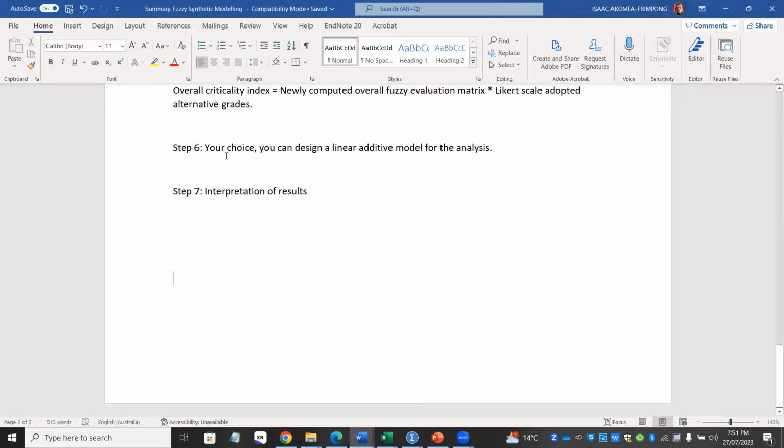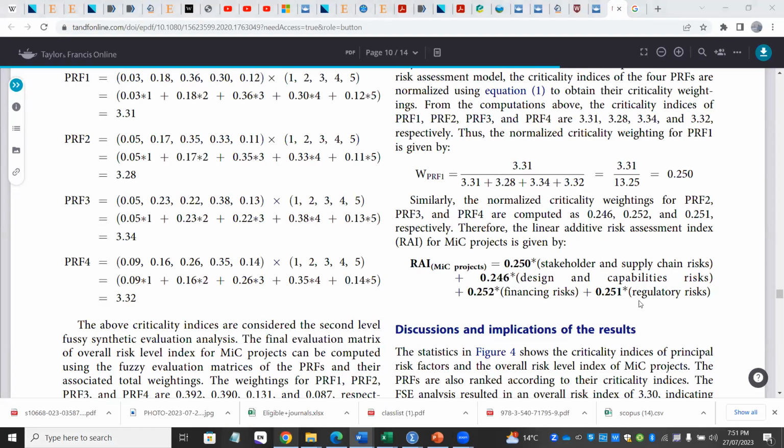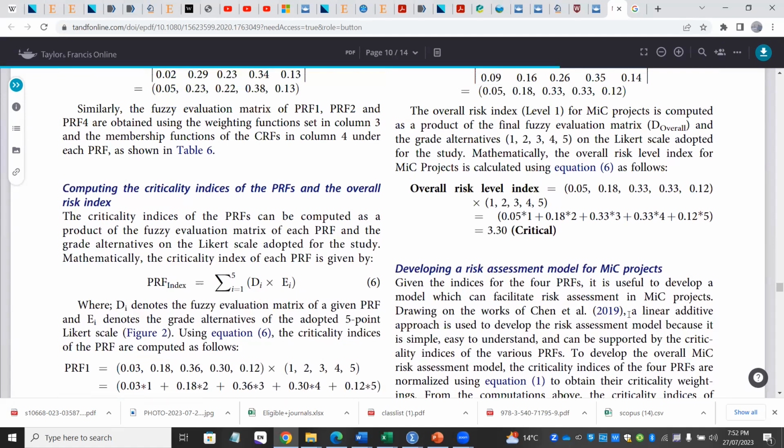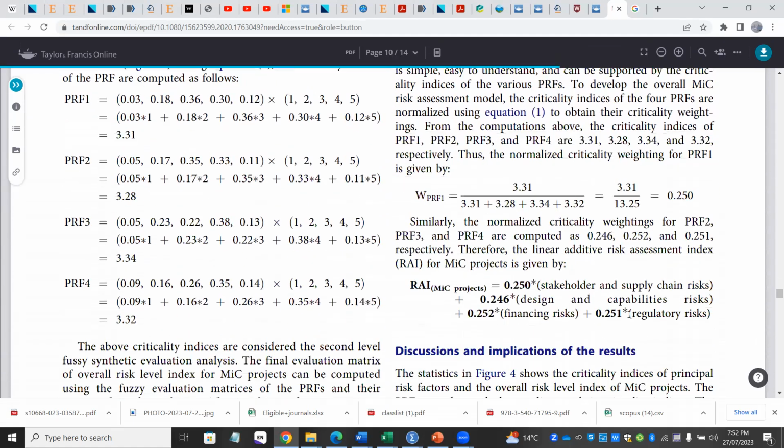I said it's your choice. You can design a linear additive model for the analysis or not. So it's not compulsory, because in most studies I've read, scholars didn't come up with an additive model. Once you get to this point where you determine the criticality indexes or the criticality level, that's fine. You can just move on.